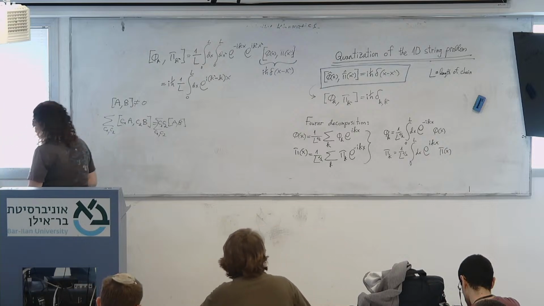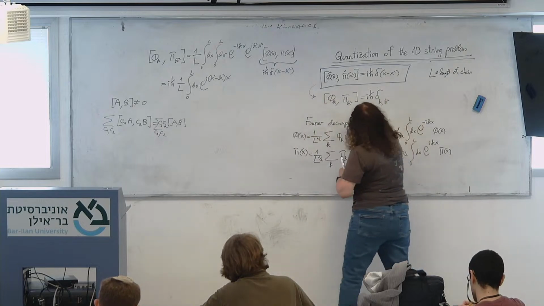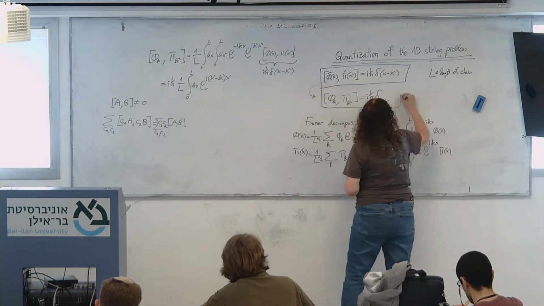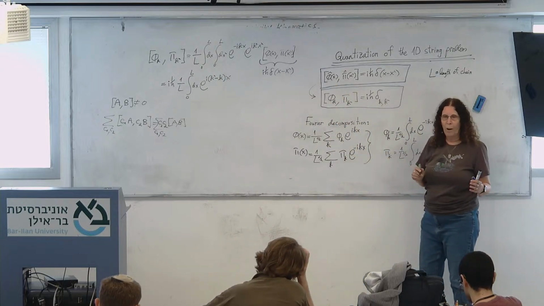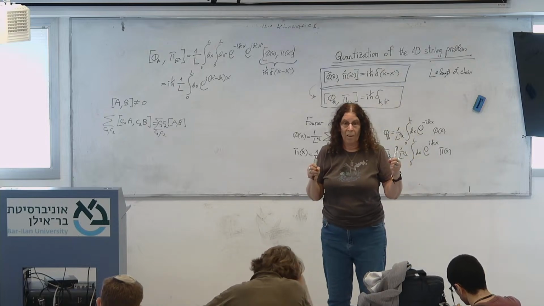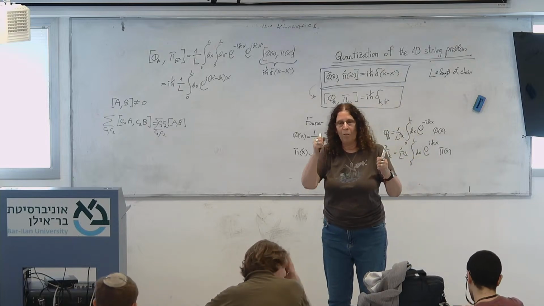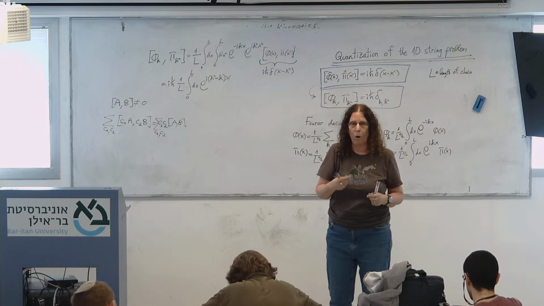Yeah, okay? So you see that this is very nice because the modes, now we are not talking about coordinates and momenta of particles. They are momenta and coordinates of some modes. So it's a bit more abstract.